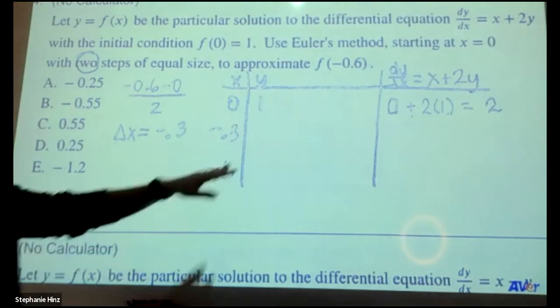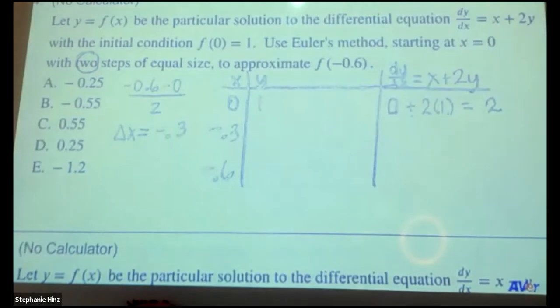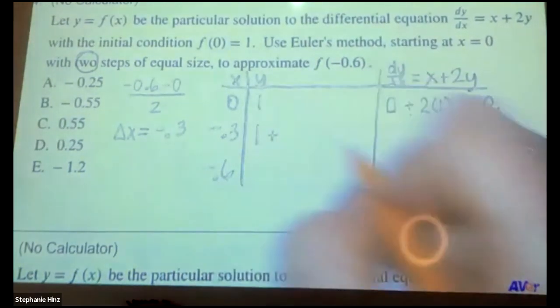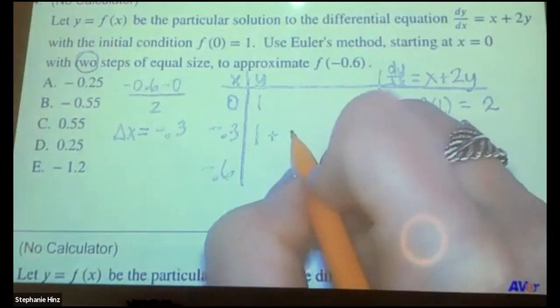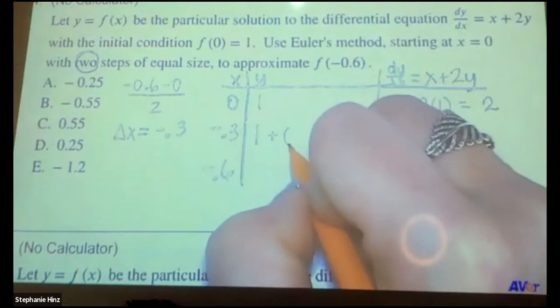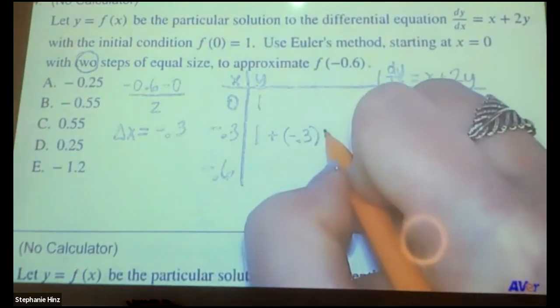So this is my tangent line spot. And it's always going to be the previous y, 1, plus my delta x, which is negative 0.3, and my slope, which is going to be 2.